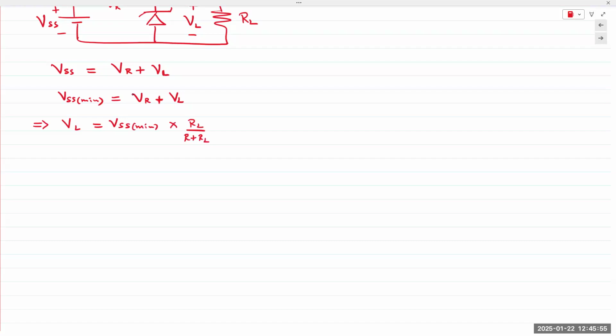Again, voltage division. So you plug that into that equation and we can find a value for VSS min.